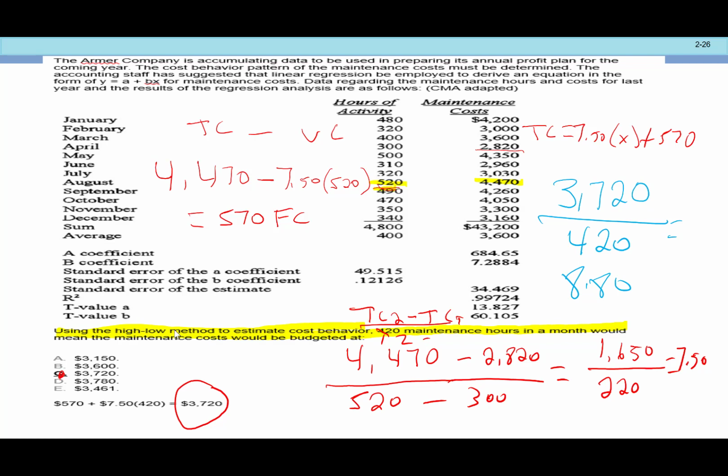You look at the cost. You look at your x-axis, your y-axis observation points, and this company had it for a whole 12 months. So we look, and the high hour of activity is this 520. And so we pick up the high cost at that, which is 4470, and we stick that into our formula: total cost 2 minus total cost 1, divided by x2 minus x1.